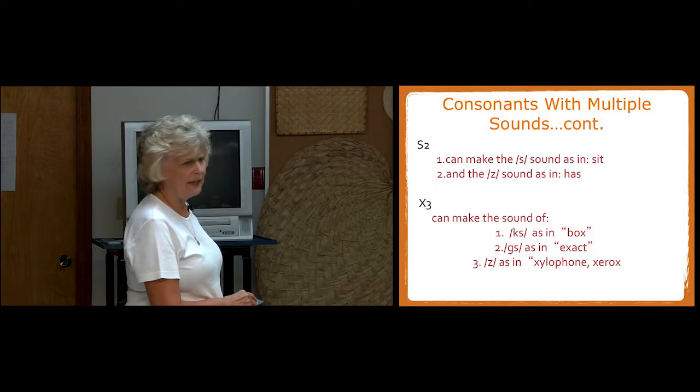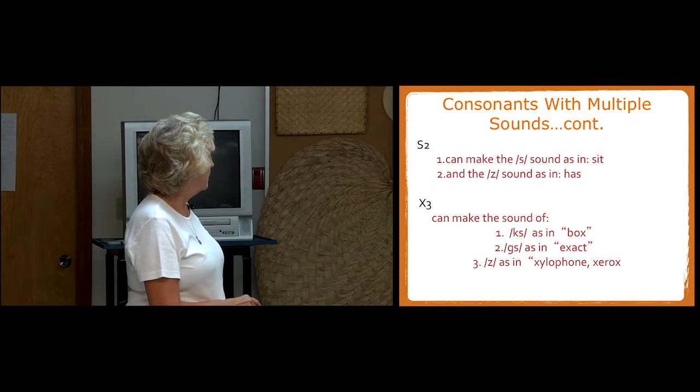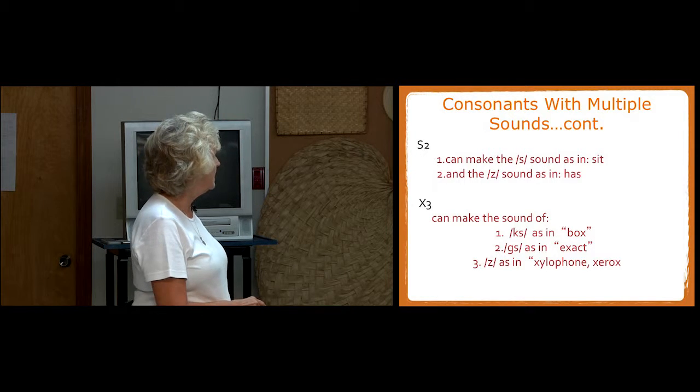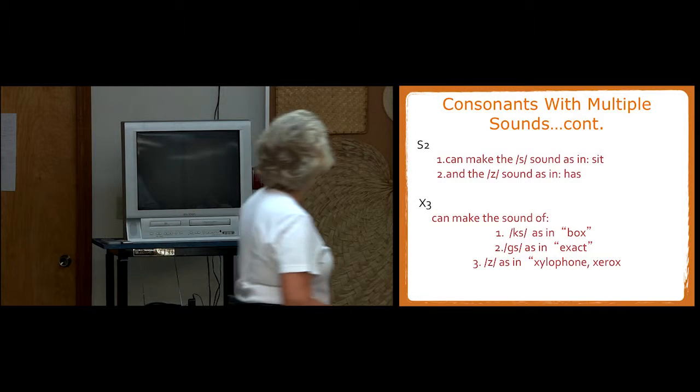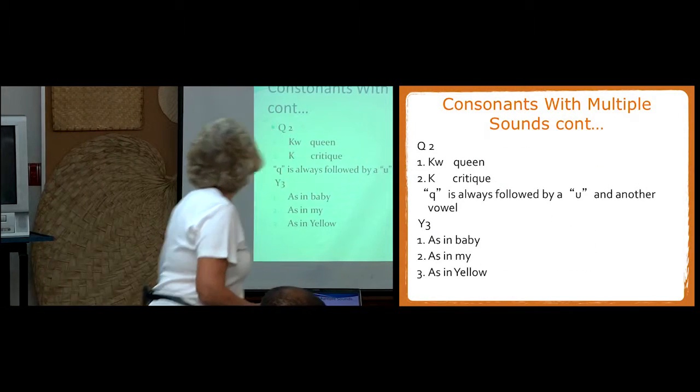X can make three sounds. It can be like the X in box. It can sound like exact. It sounds like GS, exact. It can sound like the Z in xylophone. Xylophone and Xerox. So X can be three different sounds.